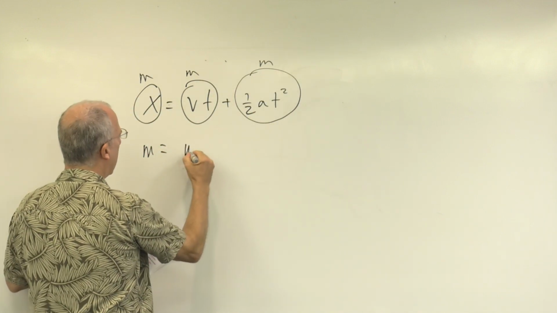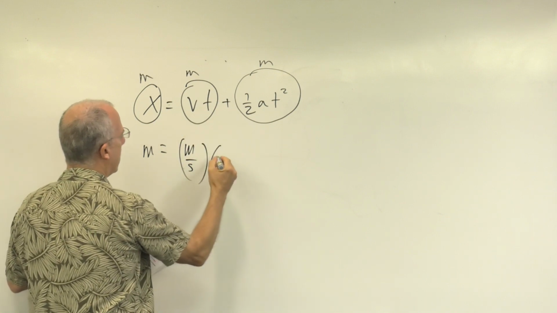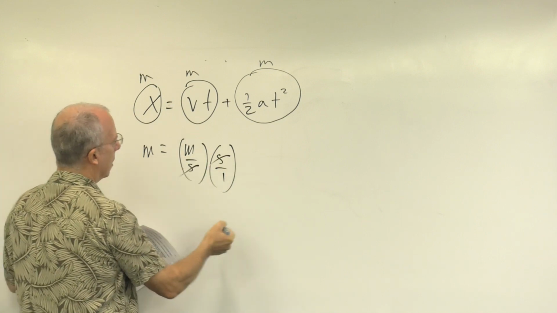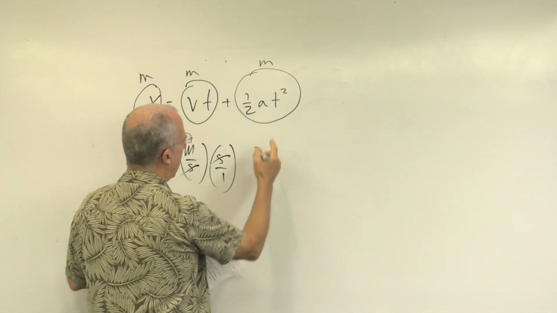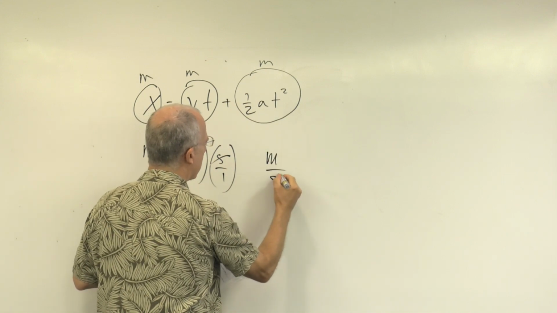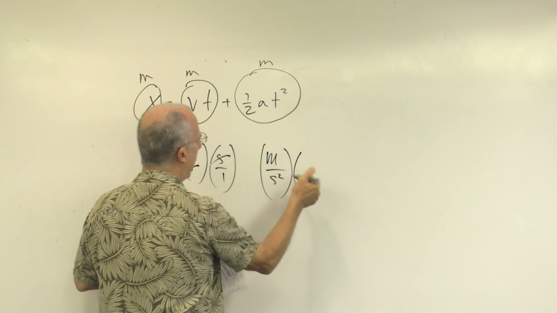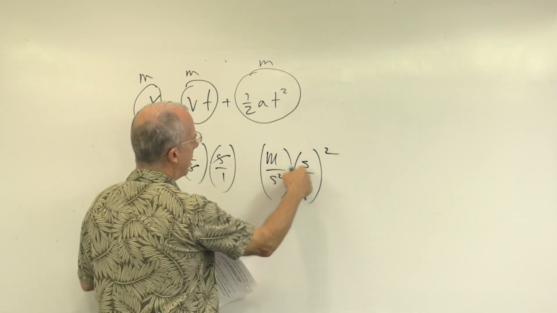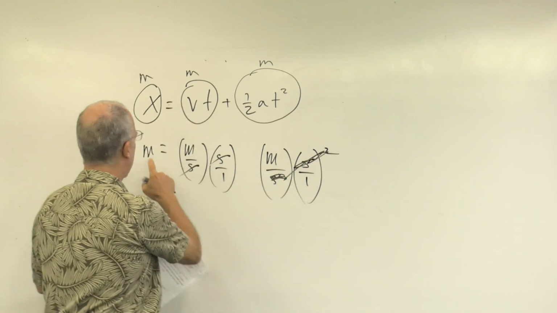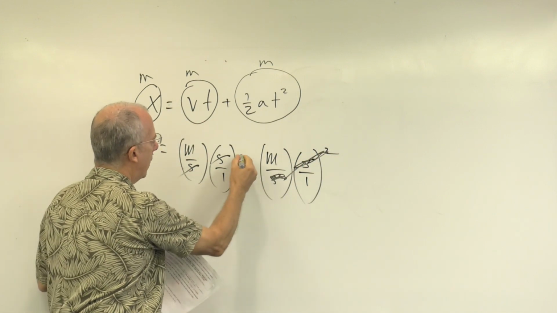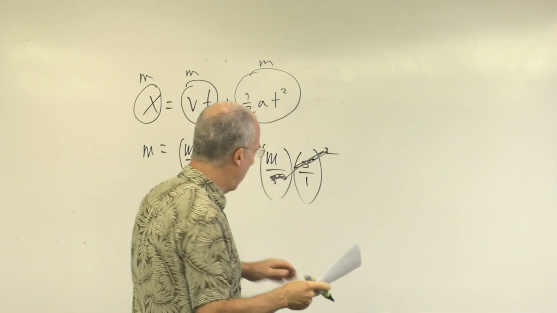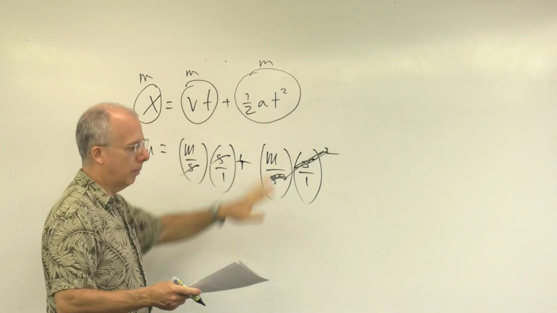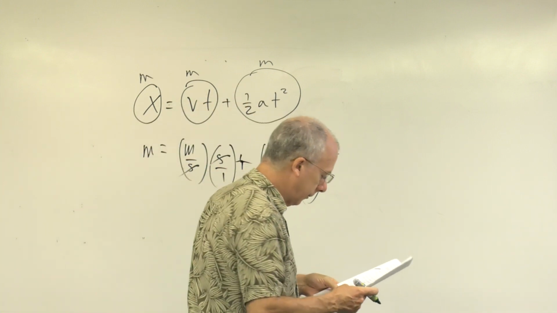Velocity is in meters per second. Time is a second, or second over 1, whatever. That kills that, you get meters. This, a half is nothing. A is meters per second squared, and time squared is seconds squared. So here you have a second squared that kills this second squared, so you have a meter. So you have meters equals meters plus meters. Has to work out that way. So again, as you do this more and more, this will help you to prevent or to catch errors.